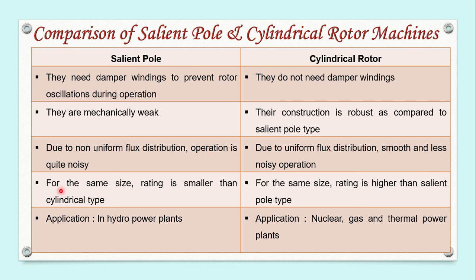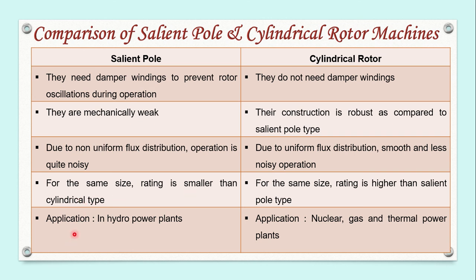Next point, if we compare a salient pole machine and a cylindrical rotor machine having the same size, the cylindrical rotor machine will have the higher rating. For the same size, a cylindrical rotor machine will have the higher rating compared to a salient pole machine.